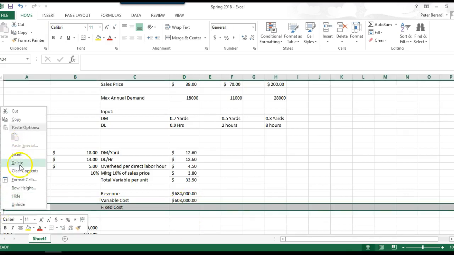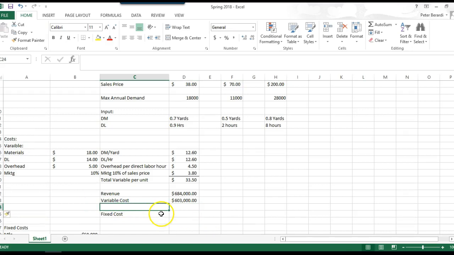But they want a contribution margin. So the contribution margin doesn't include fixed costs. It's just sales minus variable costs.